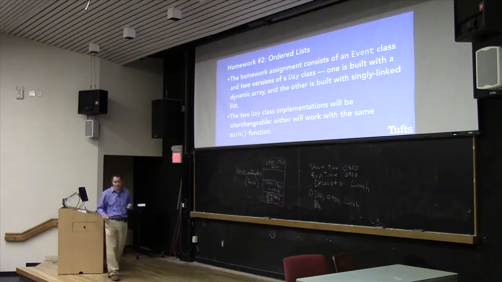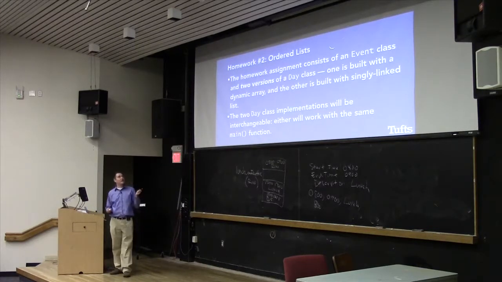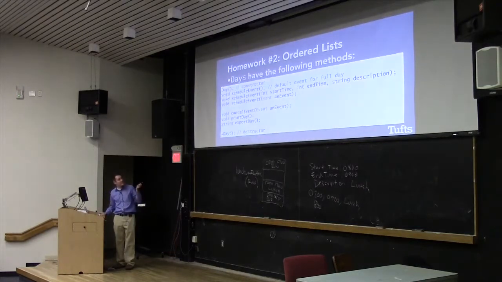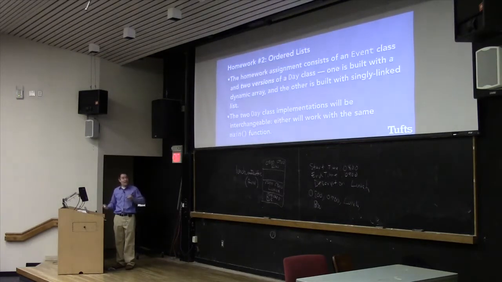But the cool thing about this is it's going to be such that, depending on which one you want, you don't have to change either the main function or the event class at all. Both day classes will use this, and both day classes will have those methods in them, and you won't have to do anything else.